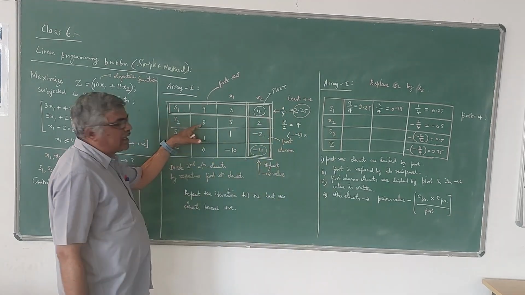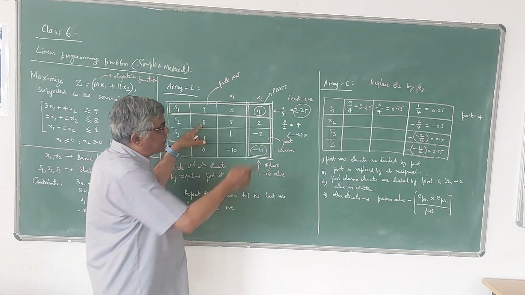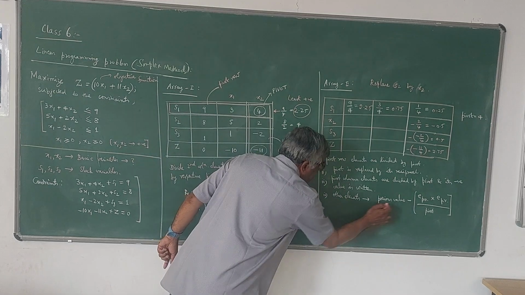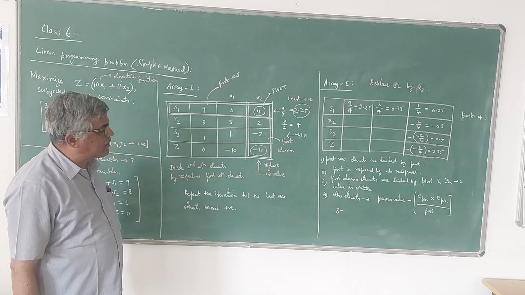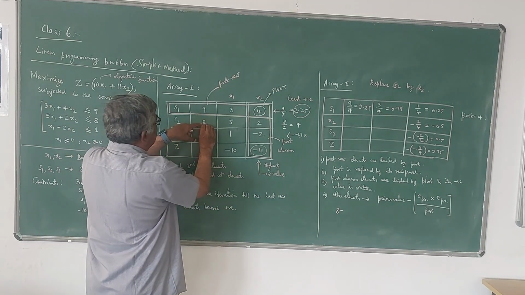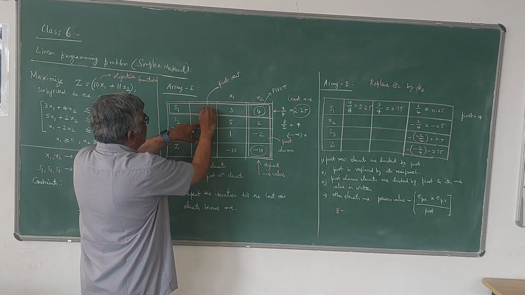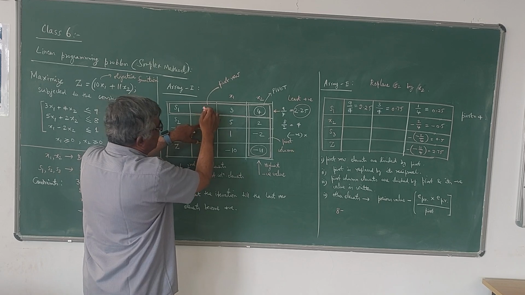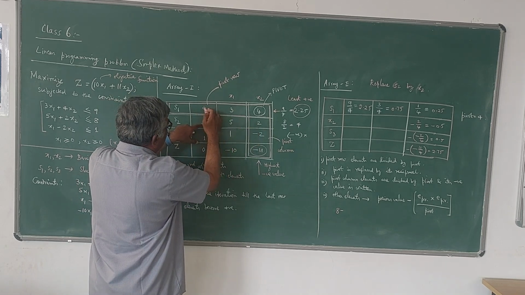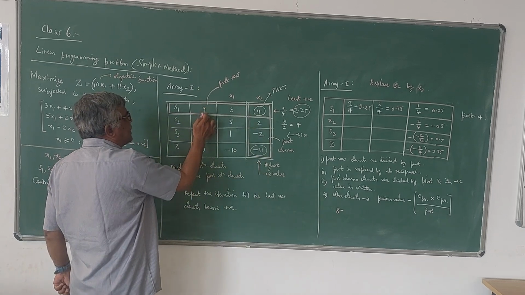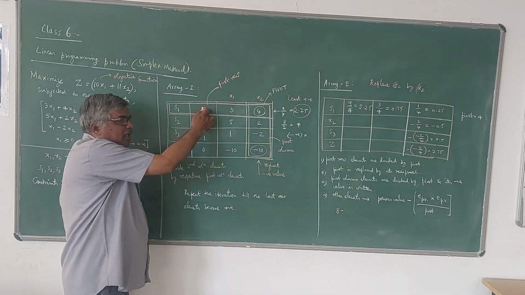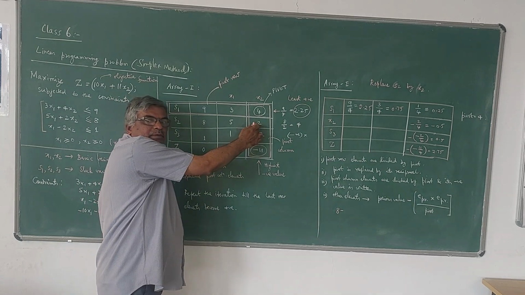So first I will take 8. What will be there in place of 8? Let us see. The previous value is 8 only. Minus, corresponding to this 8, whatever element is there in the pivot row and whatever element is there in the pivot column, we have to multiply them. Corresponding to this 8, 9 is the pivot row element, 2 is the pivot column element.